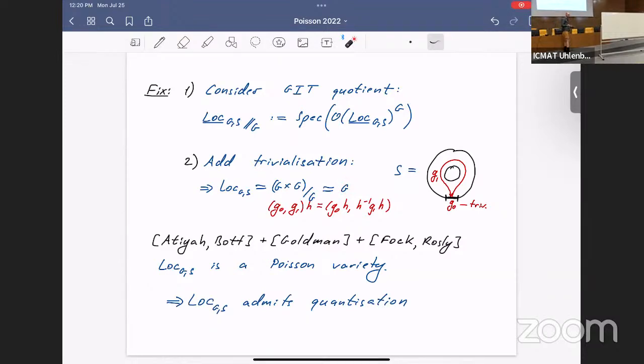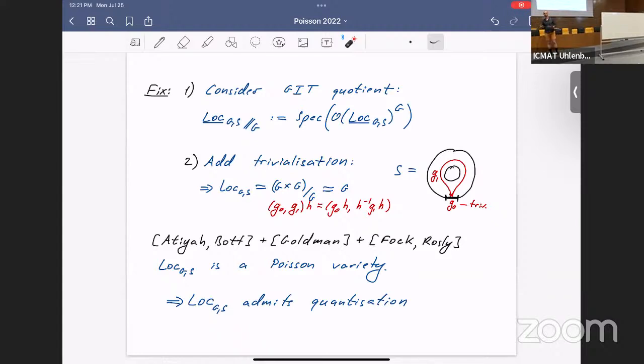Then various people worked on this topic, hundreds at least, and there were constructions first due to Atiyah-Bott and then Goldman and finally Fock and Rosly, which explain how to put a Poisson structure on this character variety. So this Loc_G^S really becomes a Poisson variety, and as such, it admits a quantization.